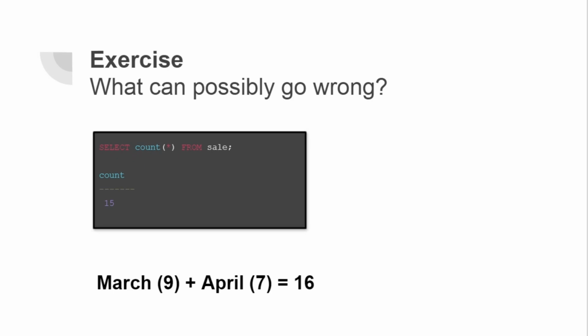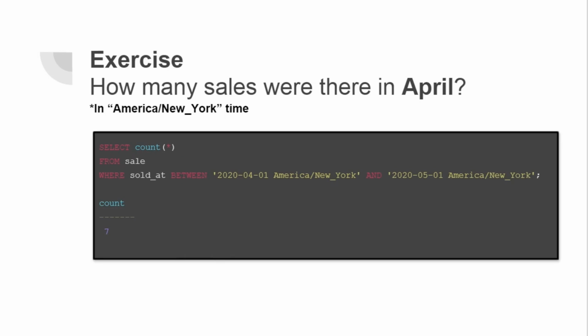If we count the number of rows in the table, we get 15. But we found that March has 9 sales and April has 7. So it's 16. This doesn't make any sense. Can anybody try and think why this query is incorrect? This or the previous one. What's wrong with this query?